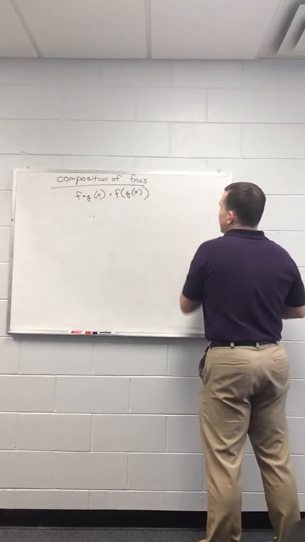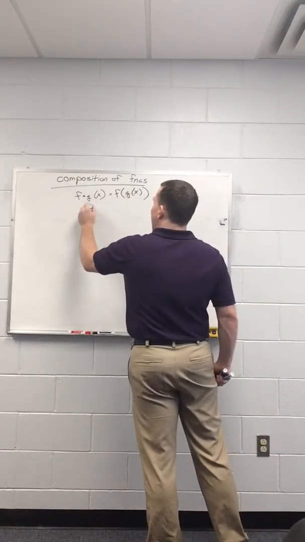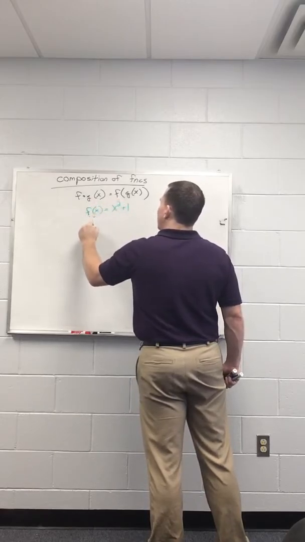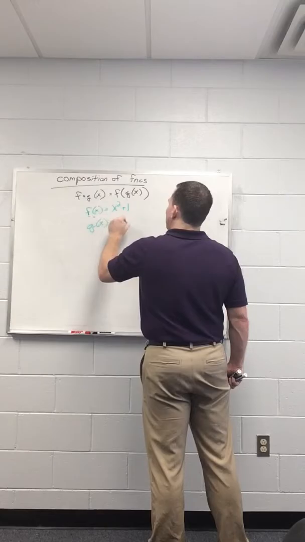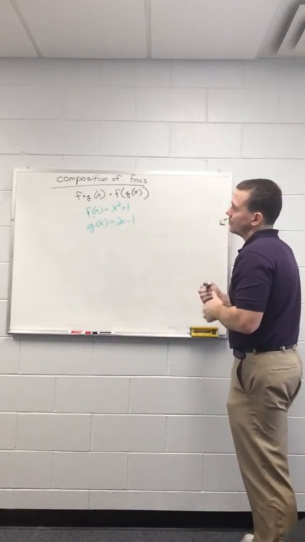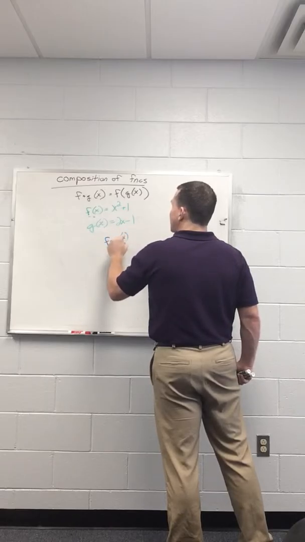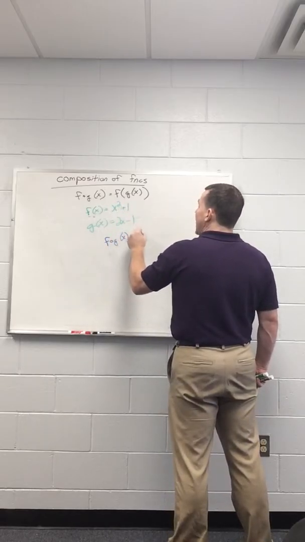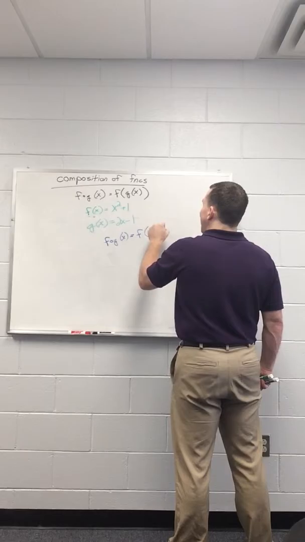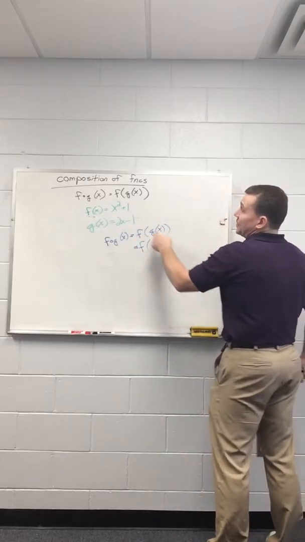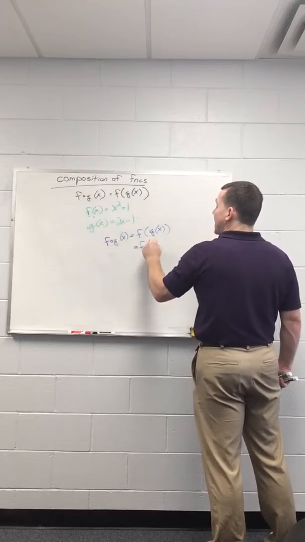So, to see this in practice, suppose I have f of x equals x squared plus 1, g of x equals 2x minus 1. If I want to find f circle g of x, I use the definition. That is f of g of x. Now I substitute. g of x is 2x minus 1.